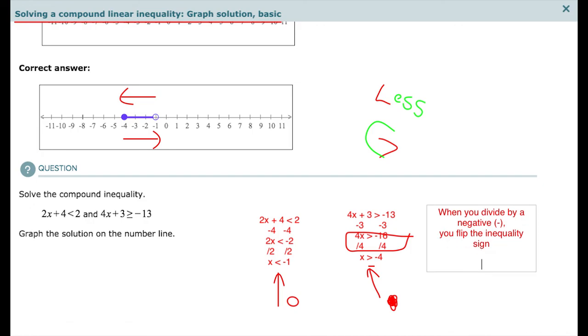Meaning if you had a less than, that becomes a greater than, and if you have a greater than, that becomes a less than.